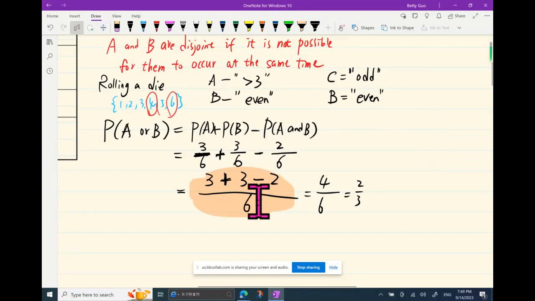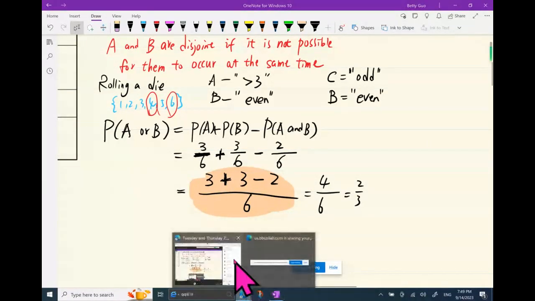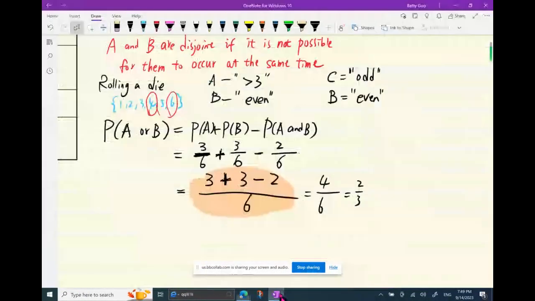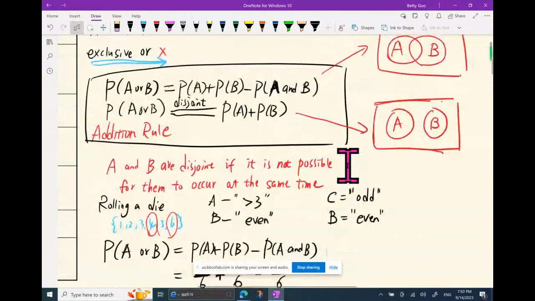Correct. That's very good. What's your name? Dustin. Perfect. That works. But if the problem is more complicated, you would have to use the formula. The reason I use this formula is that the purpose here is to use the addition rule.